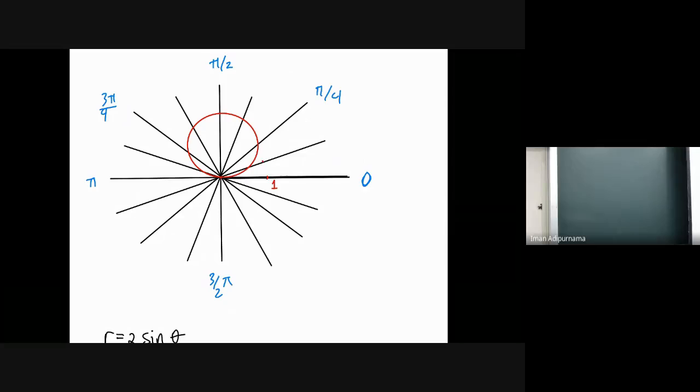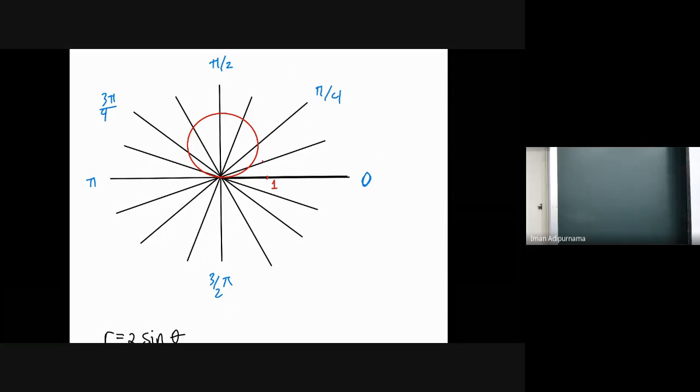So the circle should be crossing 1 at this point. I'm mentioning 1 here, but just focus on the figure. And pi over 4: if this is 1, this is larger than 1, right?